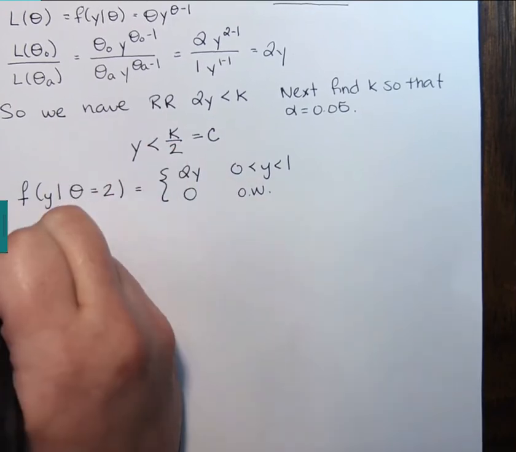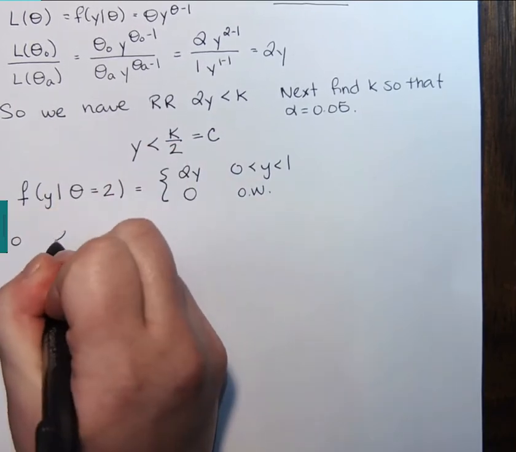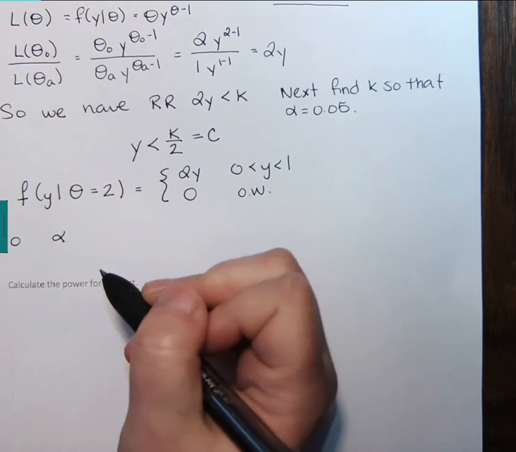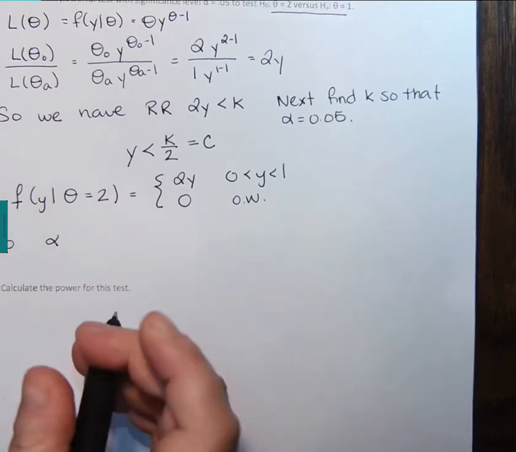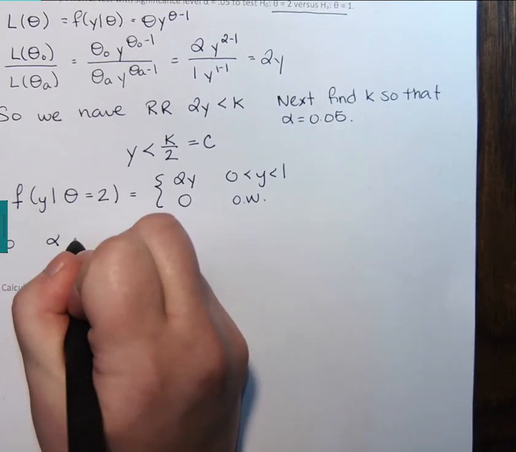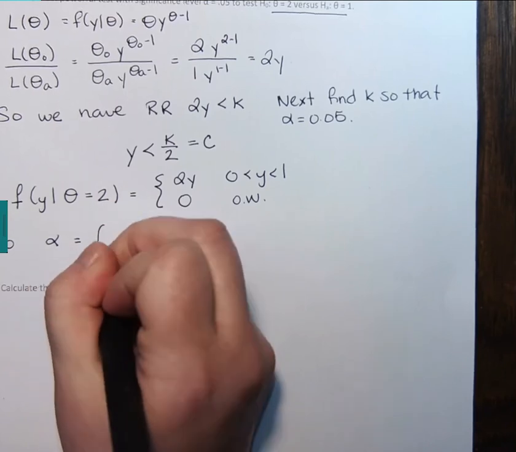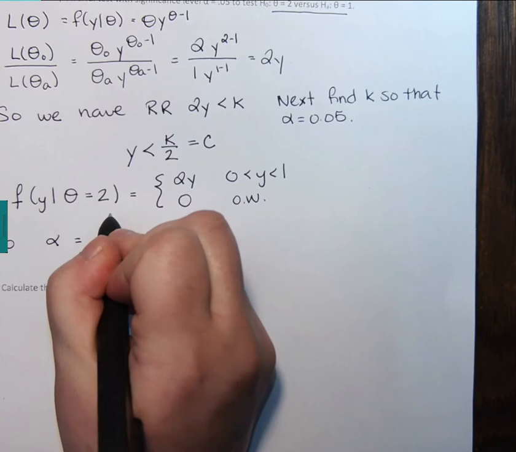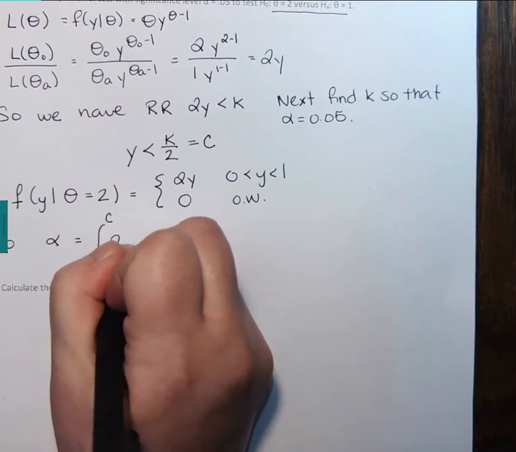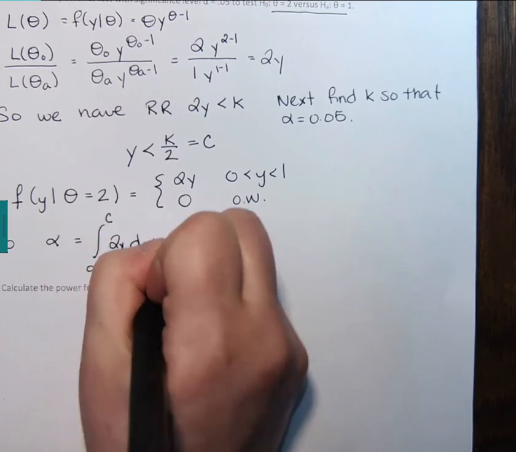So, remembering that alpha occurs when the null hypothesis is true, we know that alpha is going to be equal to the integral from 0 to c of 2y dy.